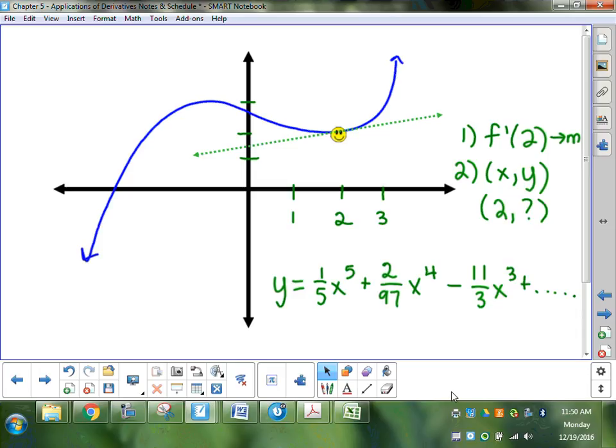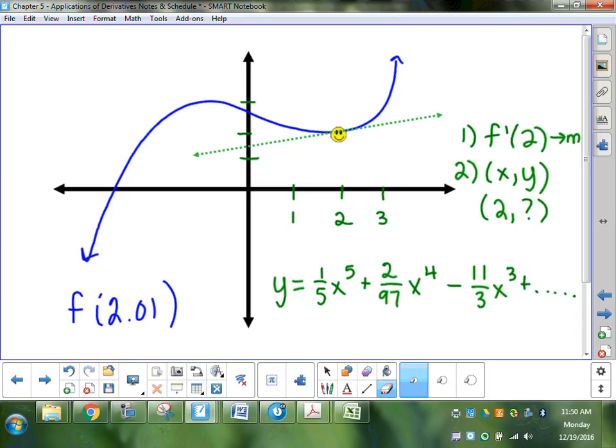Now, what you're going to have to understand is that works to approximate the function value at 2. But what if I ask you to evaluate this function at 2.01 without a calculator? You're not going to be able to plug 2.01 in and do all those operations.